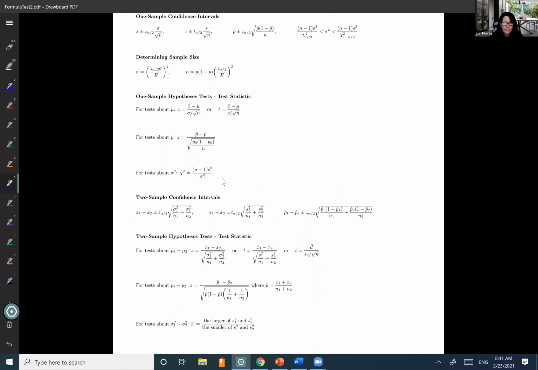Okay. Two sample confidence intervals. This again is if the variances or the standard deviations, and you just square them, are known for some reason based on previous studies, you would use this formula, and we would use Z. More realistically though, the variances or standard deviations are calculated from the two samples, the two independent samples from each of those populations, and then we use T. This is the most common right here.